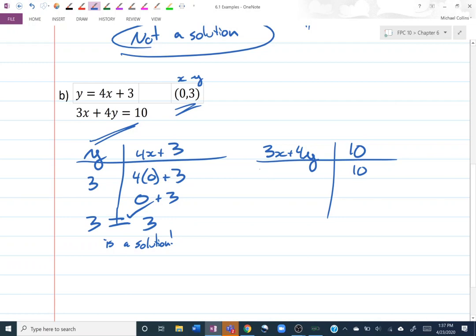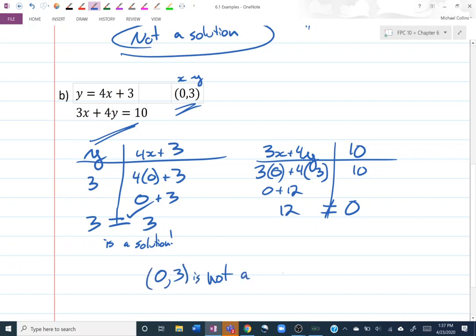On my left-hand side, I have 3 times x, which is 0, plus 4 times 3. So 3 times 0 is 0, plus 12. 12 does not equal 10, so this is not a solution either. (0, 3) is not a solution.